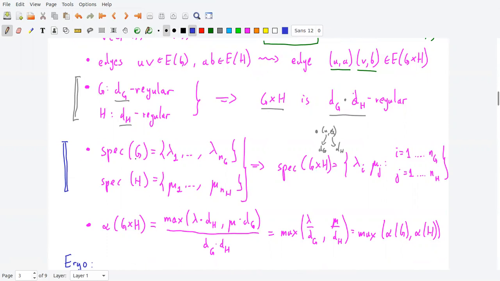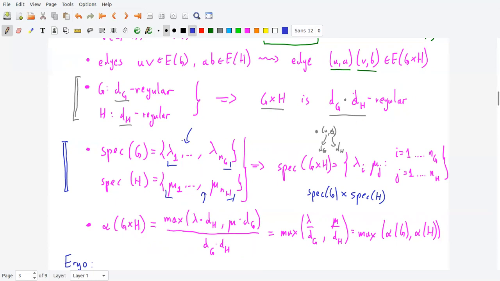So if the spectrum of G is lambda1 up to lambda n, where n is the number of vertices of G, and the spectrum of H is mu1 up to mu m, where m is the number of vertices of H, then the spectrum of G times H is essentially the spectrum of G times the spectrum of H, in the following sense: I simply take any eigenvalue from here, any eigenvalue from there, and I take the product. So you pairwise multiply the eigenvalues.